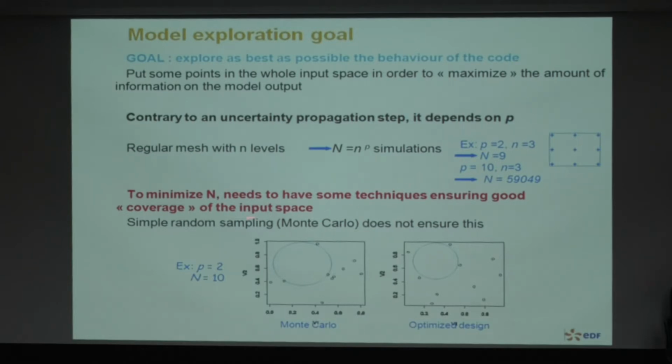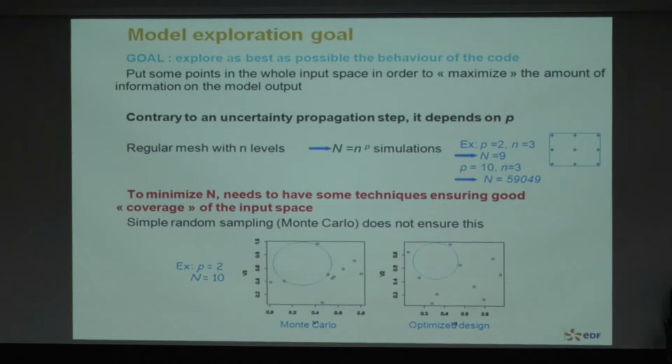You can also say, okay, I can just make a random sampling, a Monte Carlo sampling to explore the code. However, this is not a good idea in this case, because Monte Carlo lets chance occur, and you have no guarantee that you will fill the space well. With Monte Carlo, you can have points very close to each other, and maybe you leave a big empty zone in the space.